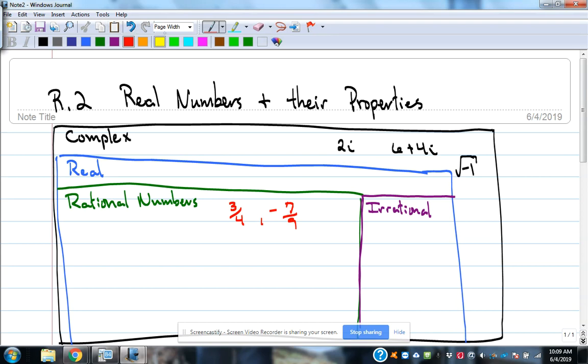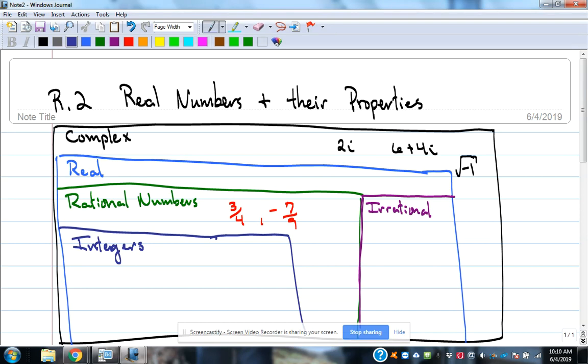Inside of the rational numbers box is yet another box. I'm going to go with the dark blue here. Inside of this box is a box called the integers. Integers, I-N-T-E-G-E-R.